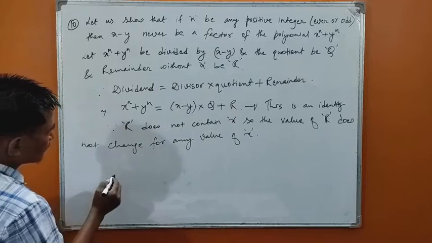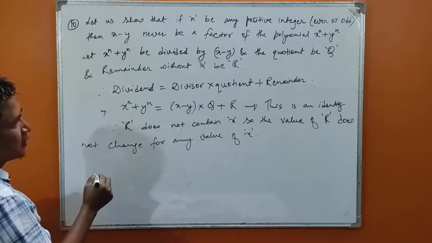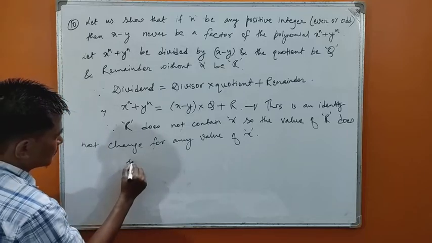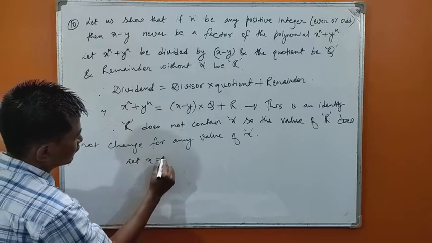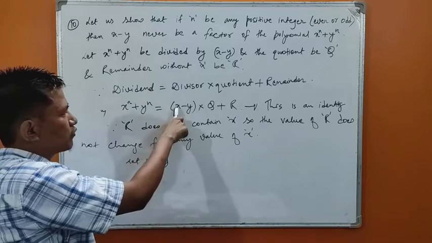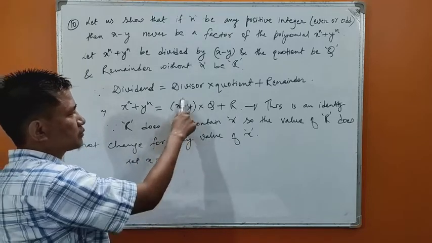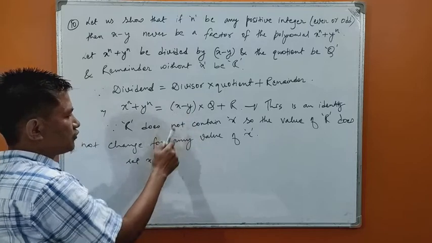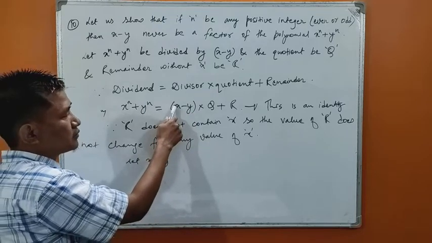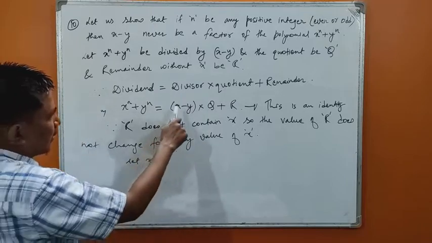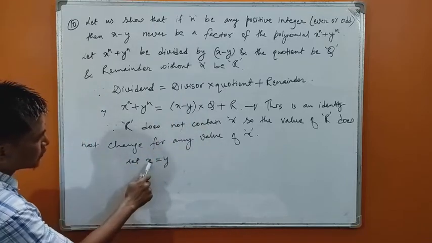Now let us suppose x equals y. Let x equal y, because when we suppose x equals y, y minus y becomes 0, isn't it? Otherwise, if we suppose x equals minus y, then this becomes minus y minus y, which is minus 2y. So I am supposing x equals y.